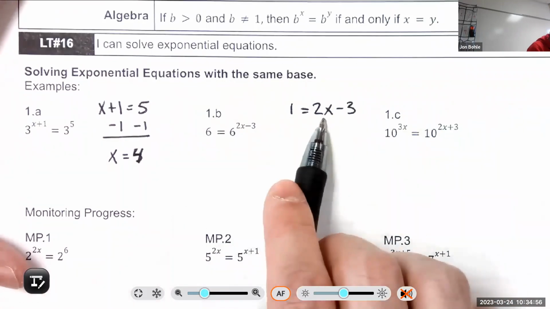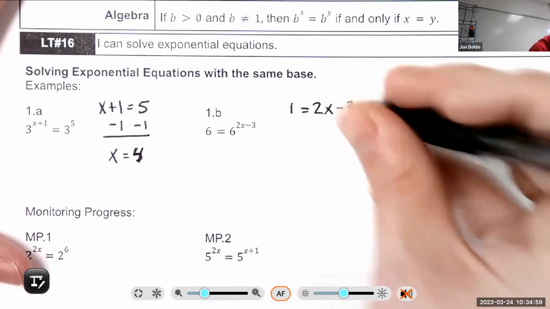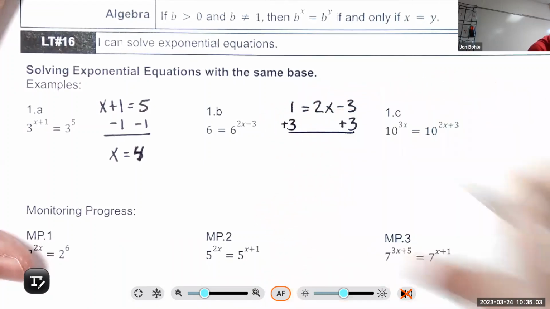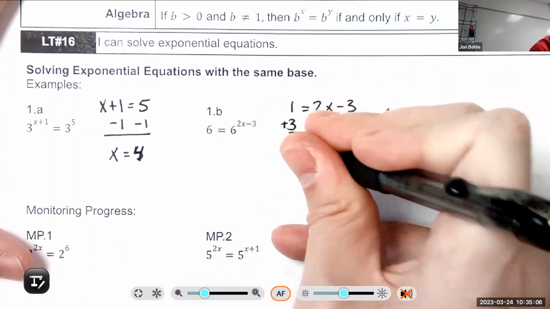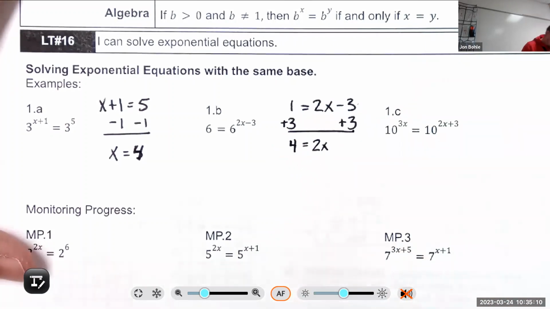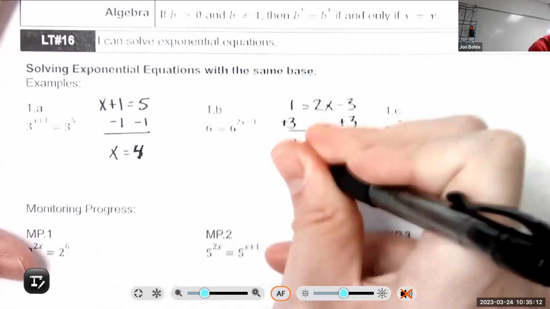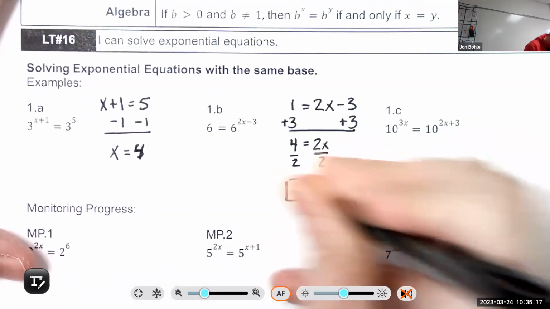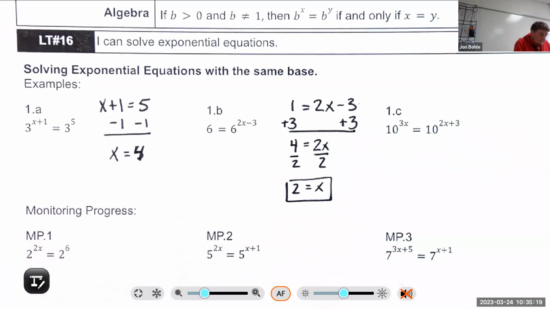The x is already on the right side, so I want to get rid of constant values on the right side. So I'm going to get rid of minus 3 with plus 3. 1 plus 3 is 4. And then divide by 2. x is going to be equal to 2. Questions about 1b?